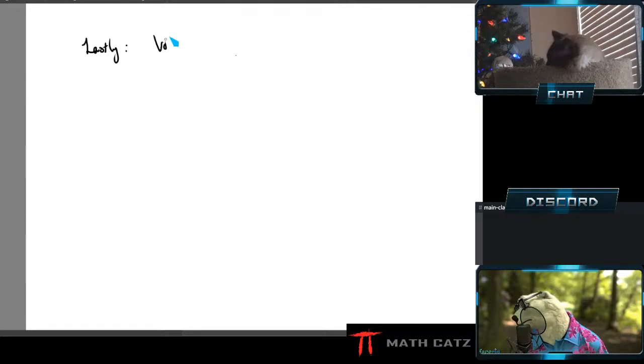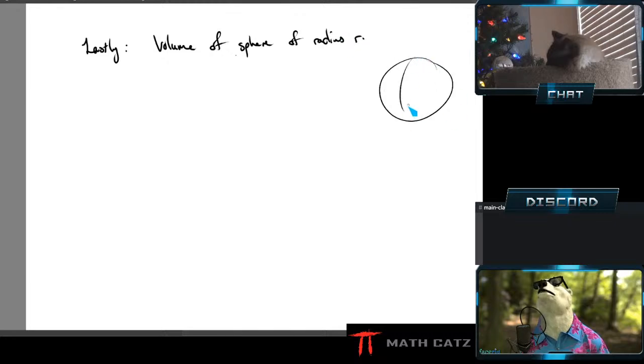Get this formula, but volume of a sphere of radius r, this other line is to make it three-dimensional, is 4 over 3 pi r cubed. See the cubed for the 3 dimensions? 4 over 3, just memorize it.